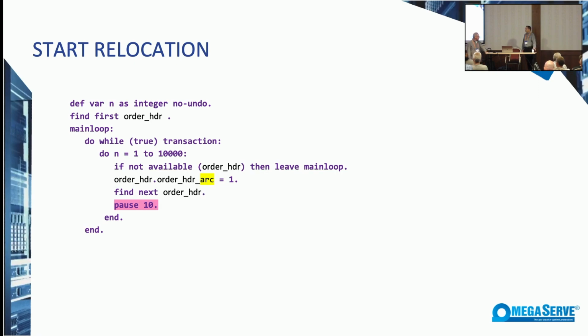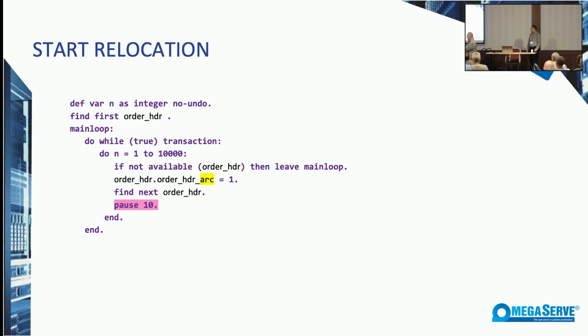So maybe 10 seconds, in seconds by the way, for each chunk will probably extend the relocation time by a few days. But that's the way to throttle the process.